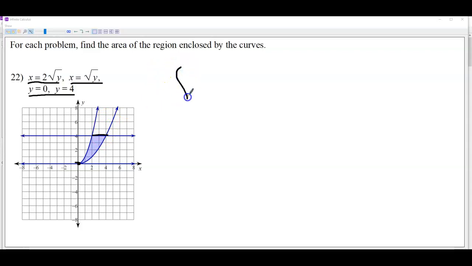So let's go ahead and do that. We're going from 0 to 4. We'll call this one x1 minus, we'll call this one x2, and we'll be integrating with respect to y.